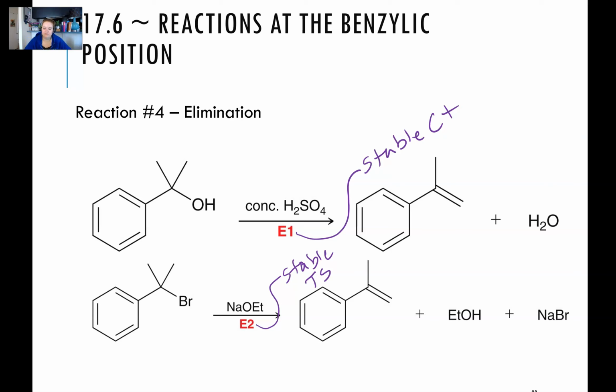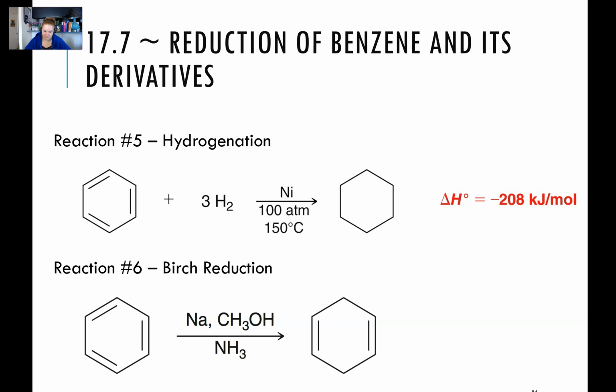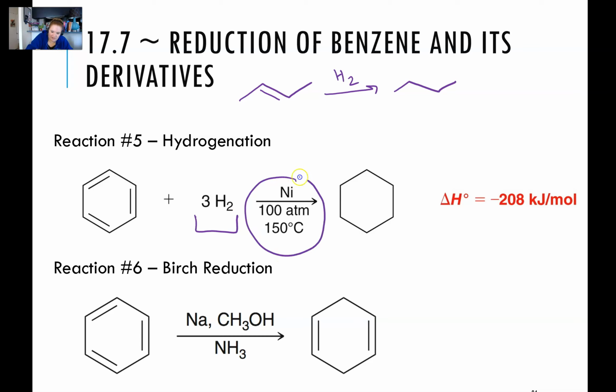All right, reactions number 5 and 6. Reaction number 5 is a hydrogenation reaction. We know that we can take an alkene and react it with hydrogen, and we'll just get an alkane. Benzene doesn't react as easily though. So we're reacting our benzene with 3 moles of hydrogen, and then look at this.